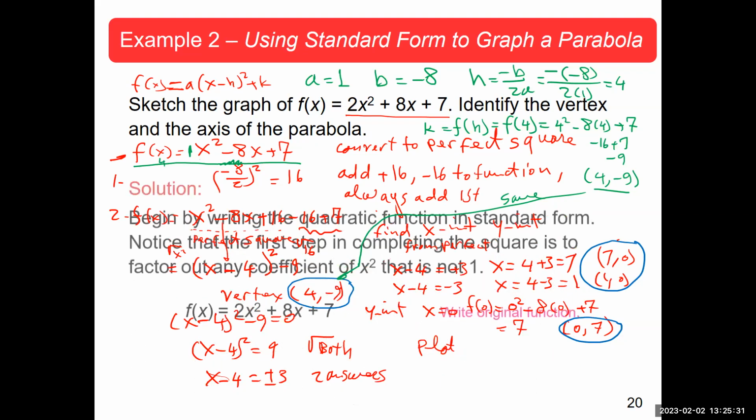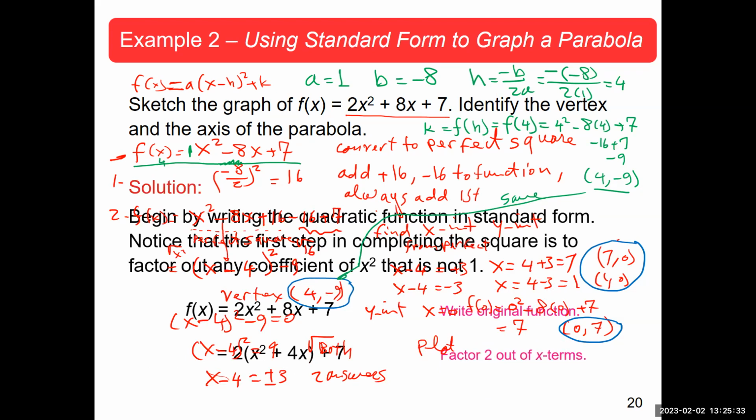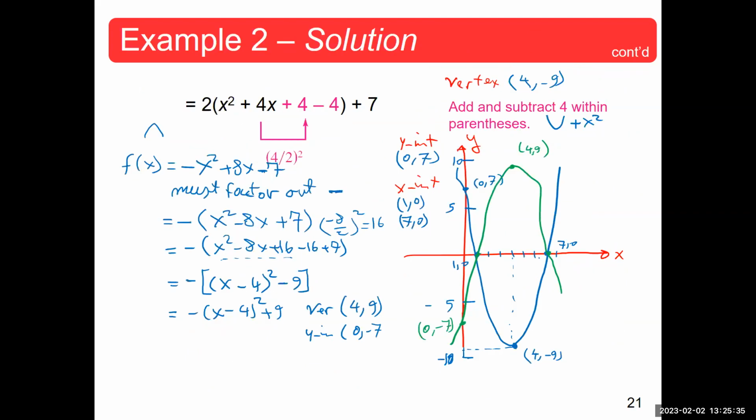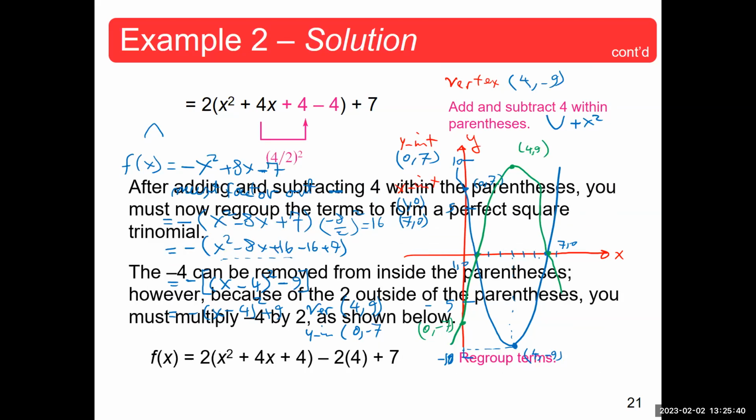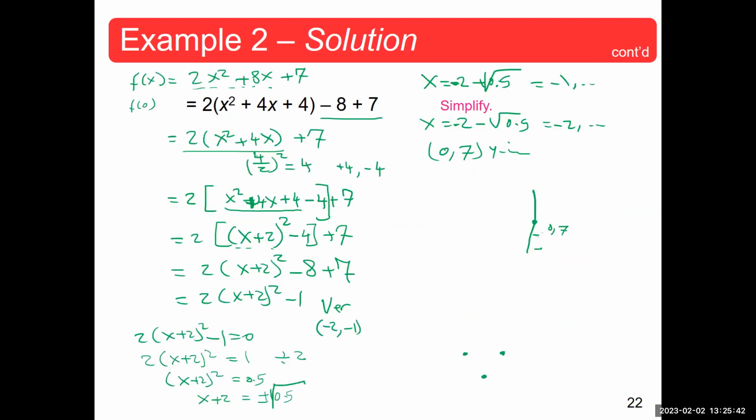Let's double check the other problem. This one here. Change the color so we can see. So here, how much is a? a is equal to 2. How much is b? Equal to 8. So this is a and this is b. How much is h?